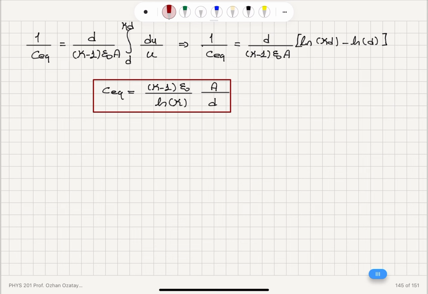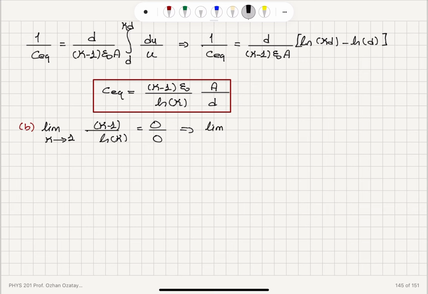Now let me check the limit when kappa goes to 1. In the limit kappa goes to 1, I have kappa minus 1 divided by natural logarithm of kappa, which is 0 divided by 0. So in order to find this limit, I'm going to use L'Hopital's rule.